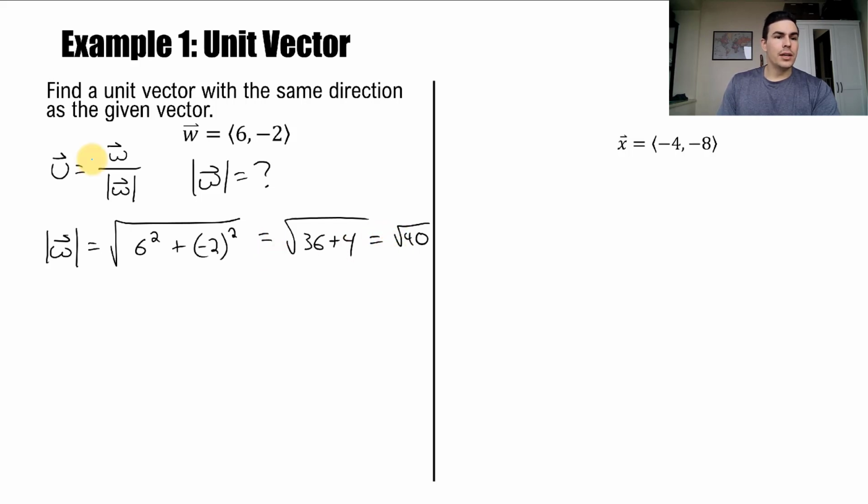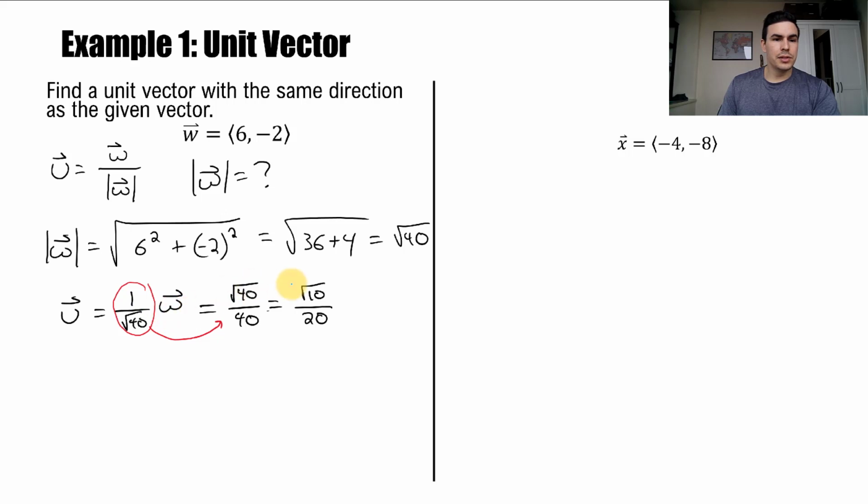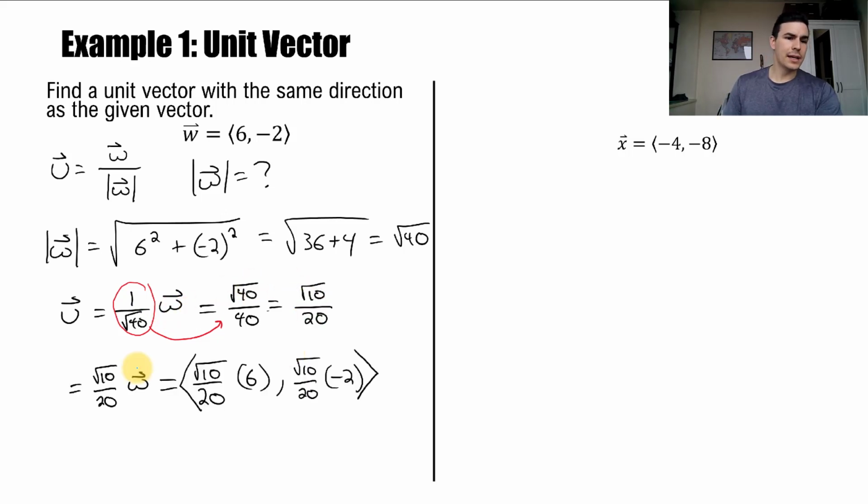So I can think of my unit vector as 1 over the square root of 40 times my vector. So again, this is just a scalar value, right? Times my vector. Now I'm going to go ahead and rationalize this 1 over root 40. So that's going to simplify to root 10 over 20. So now I can say, okay, root 10 over 20 times our vector w.